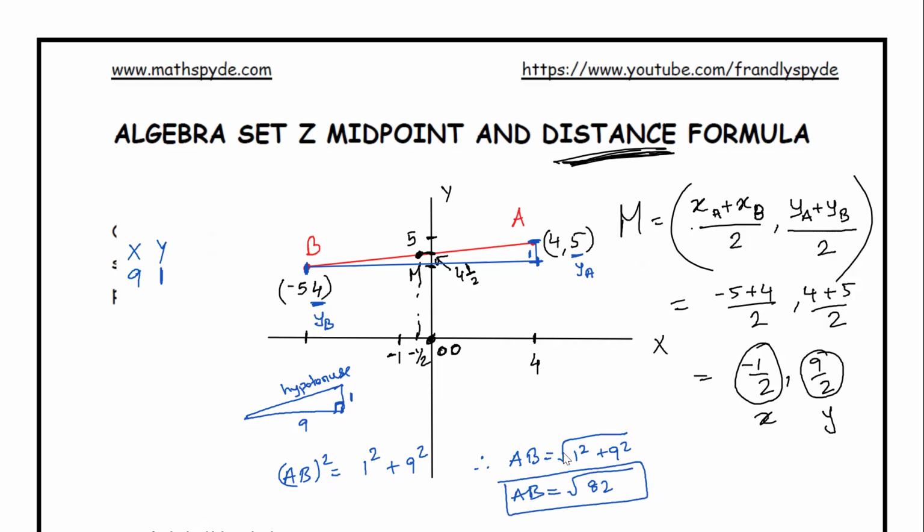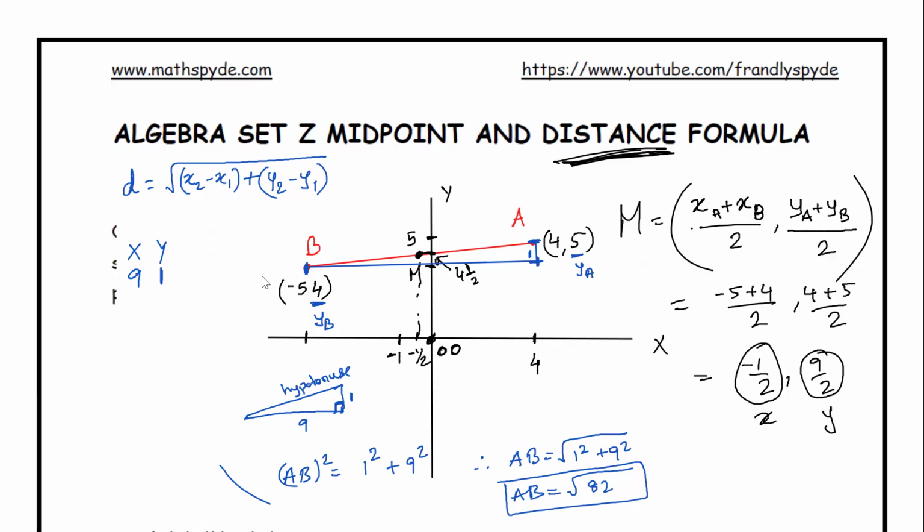As you can see, it comes from applying the Pythagoras theorem. Now let me give you the distance formula. It is given as d equals the square root of (x2 minus x1) the whole squared plus (y2 minus y1) the whole squared. In this case, it is xb minus xa, or xa minus xb, and yb minus ya, or ya minus yb.